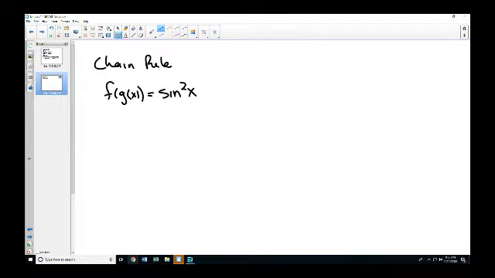There's a certain way you have to do it. Okay. So the key here is the first, so identify the outermost function.